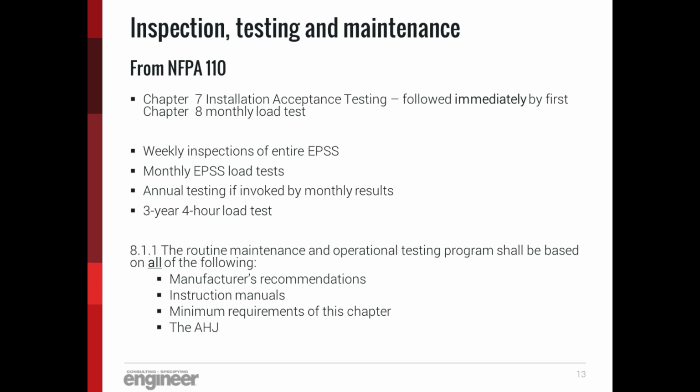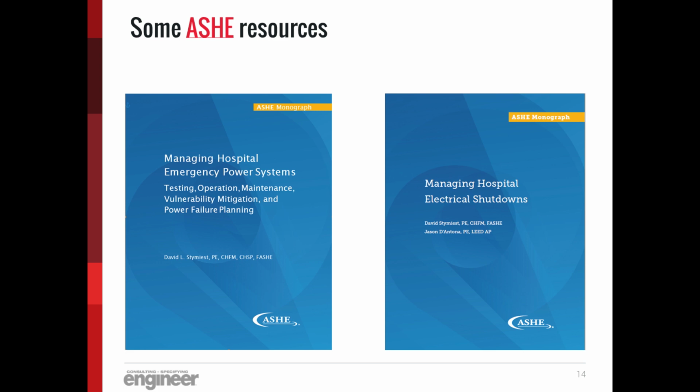The last item I want to talk about with respect to Chapter 8 is that the routine maintenance and operational testing program actually is required to comply with all 4 bullets: the manufacturer's recommendations, the instruction manuals, the minimum requirements of Chapter 8, and the authority having jurisdiction.